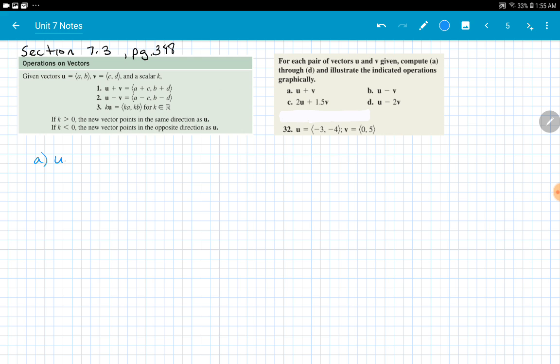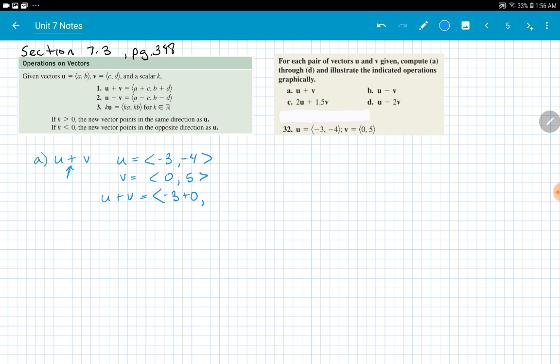So A, we have u plus v, and u equals -3, -4. v equals 0, 5. So to get u plus v, we're going to add the horizontal components. So that's -3 plus 0, and add the vertical components, so -4 plus 5.